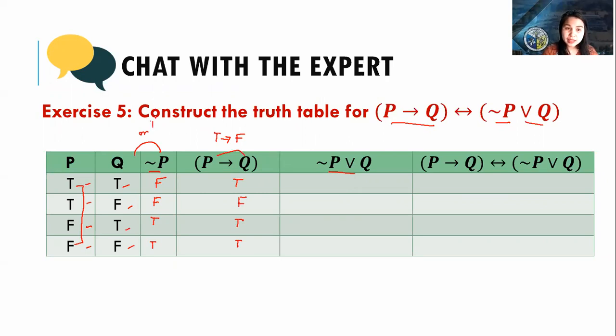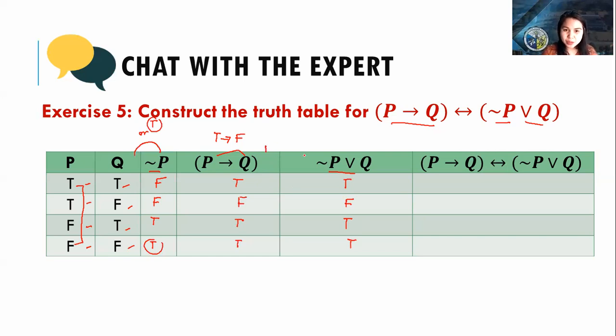At least one is true. So true, false, true. False, false, false. Both are true, true. One is true, so true.